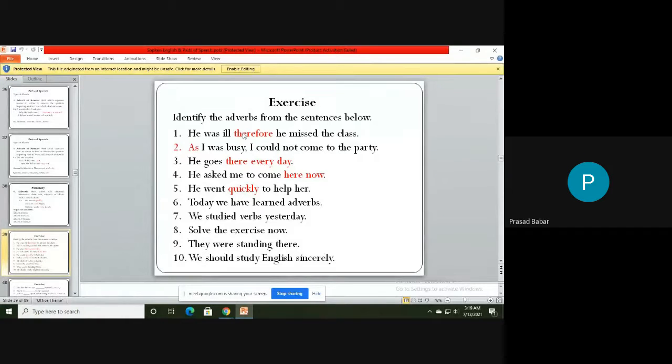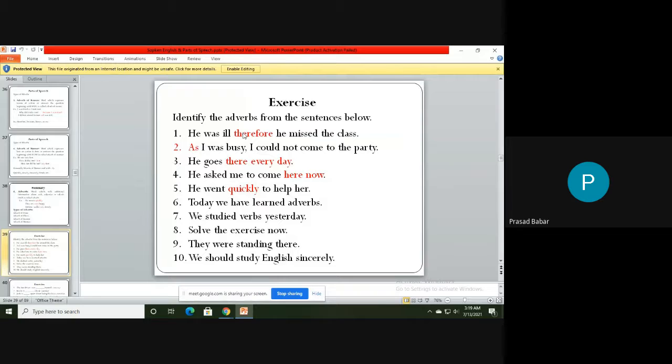So here therefore is the adverb, and what will be its type? Can anybody tell? What will be the type of therefore?